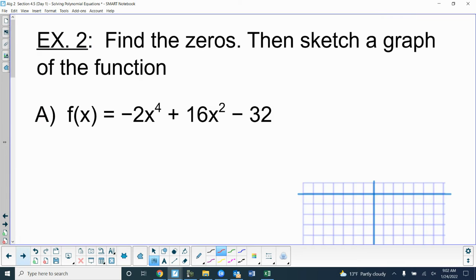Okay, so it says find the zeros, then sketch the graph. We're going to find the zeros by factoring. What's the GCF? 2. Since that's negative there, I'm going to make it -2. All right, so x to the 4th minus 8x squared plus 16.